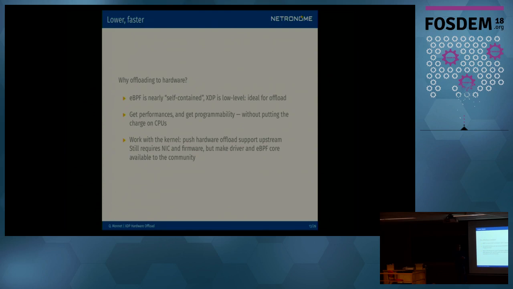It's a program running on its own once it's JIT compiled. It's something that's performant. It goes fast. And if we want to go even faster and to take some of the load off the CPUs from the host, the only solution we have left is to run the programs on the hardware in the end.